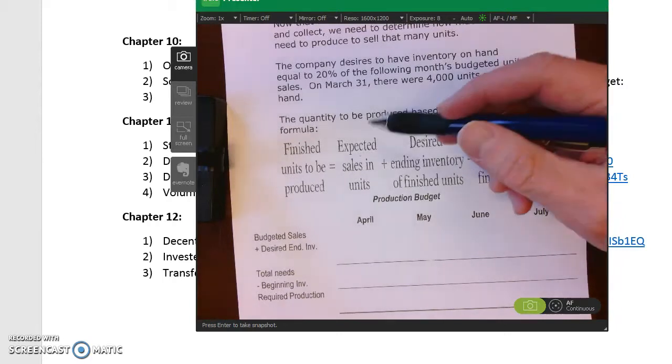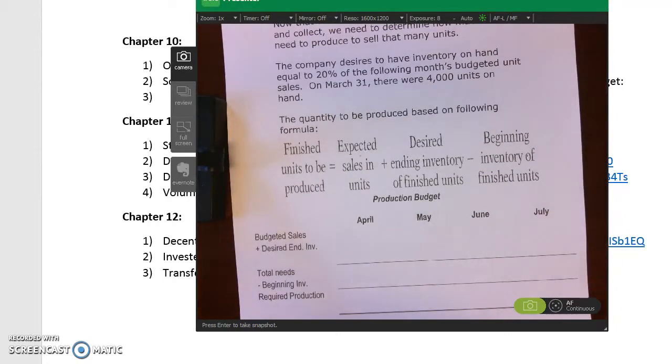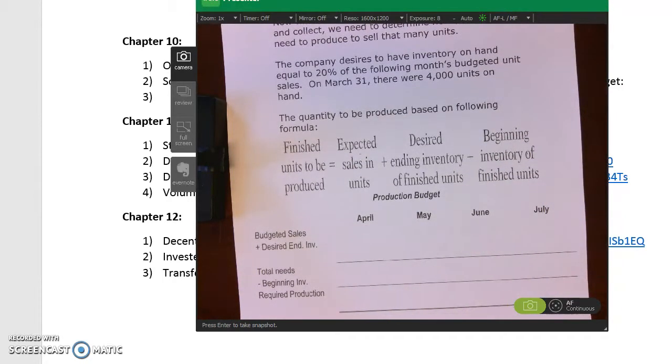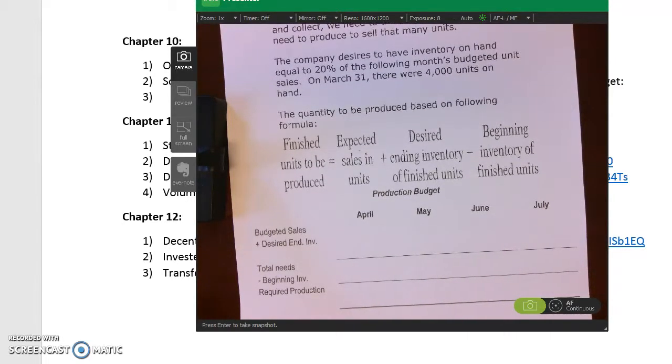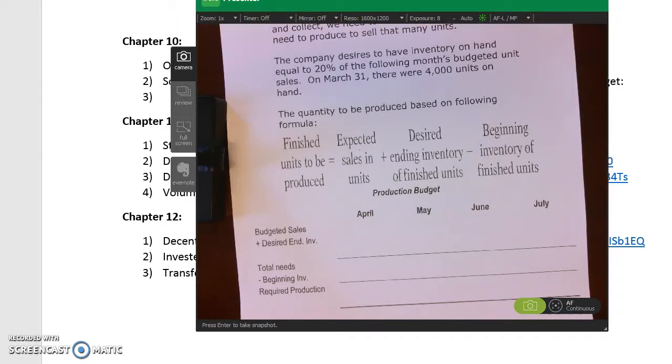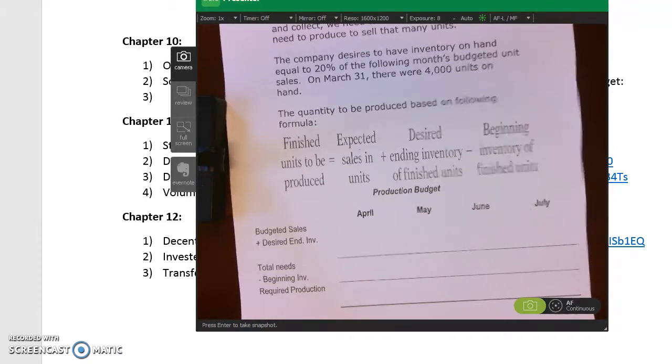So this is kind of like saying, well, if you think you're going to sell 50 cups of lemonade on one day, but just in case, you want to have an extra 10 cups of lemonade. Yeah, you think your sales are going to be 50, but you want an extra 10, just in case sales are higher than 50.